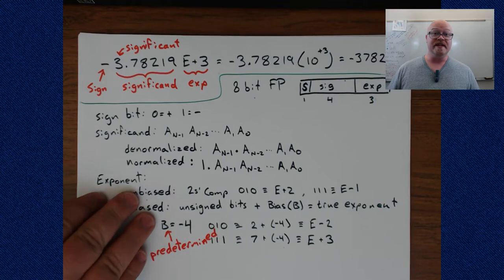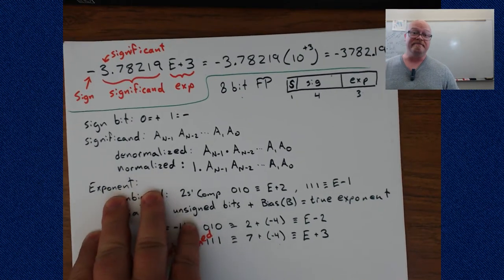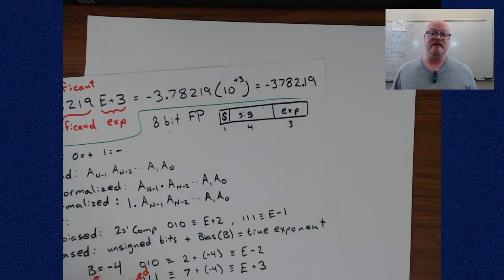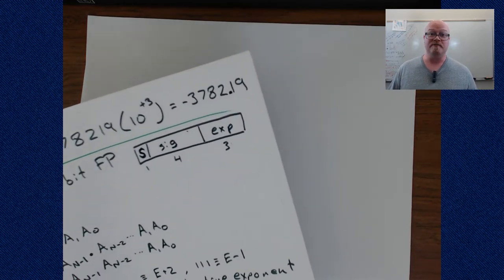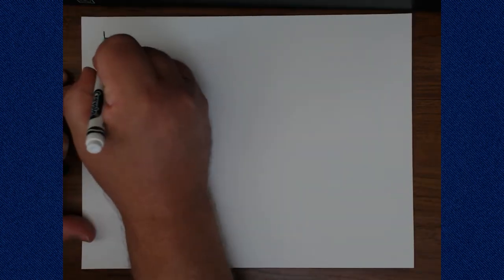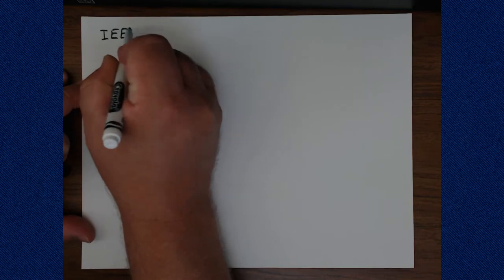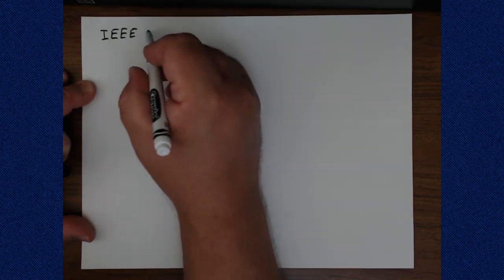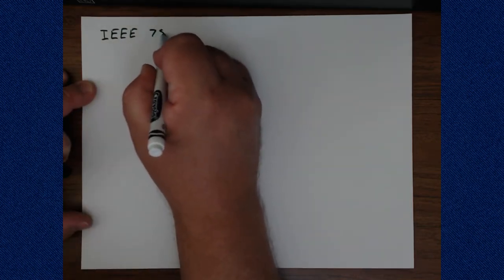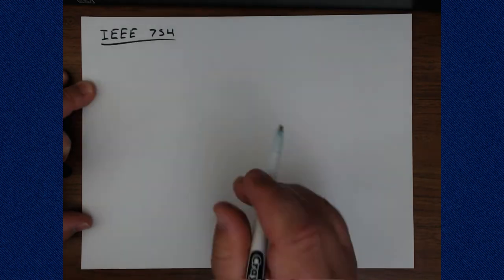Now what I want to do is talk about the actual standard that we use for our floating point numbers in most of our modern programming languages. That particular standard is the IEEE standard, or IEEE specification or definition 754 for floating point numbers.